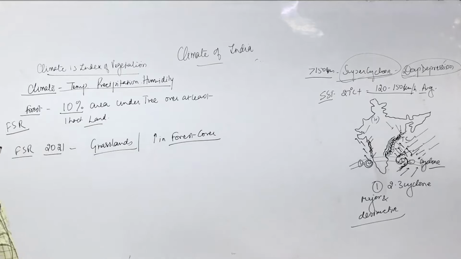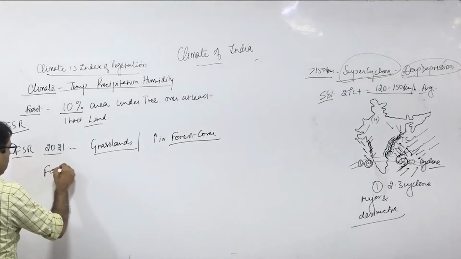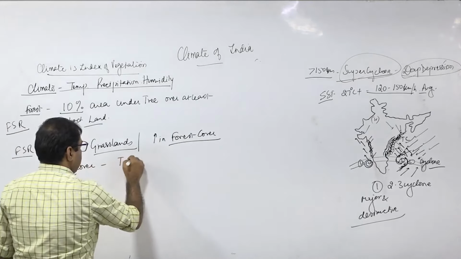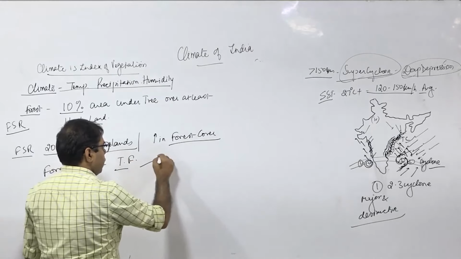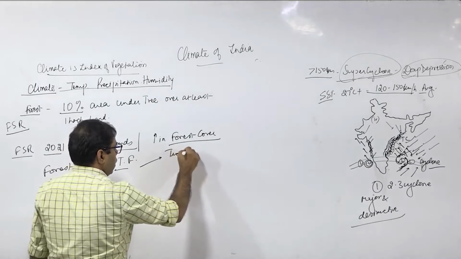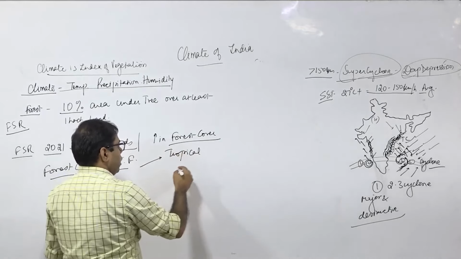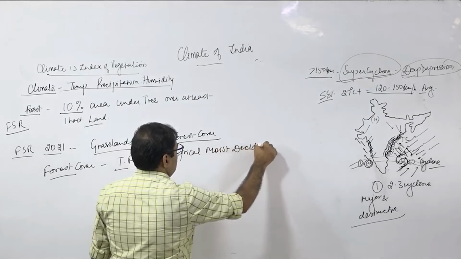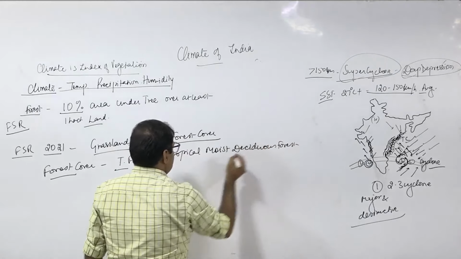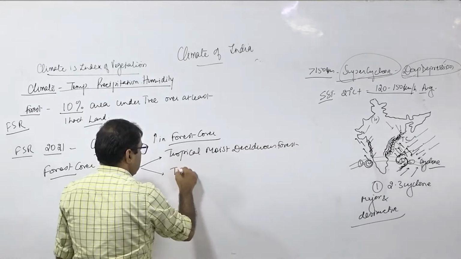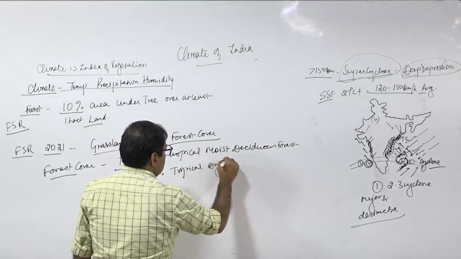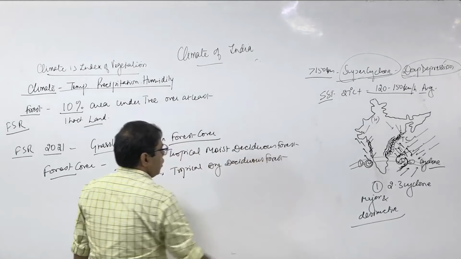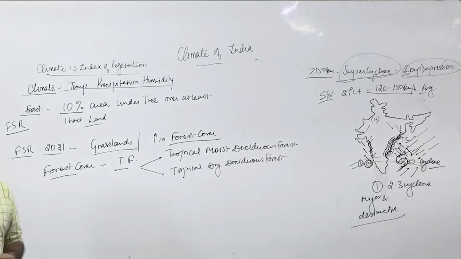In the tropical forest we have tropical moist deciduous forest, and then tropical dry deciduous forest, right.